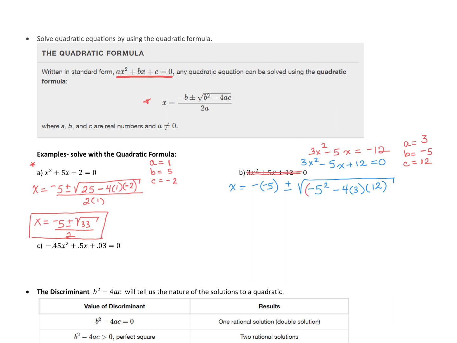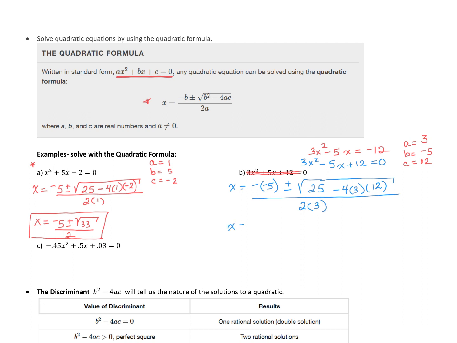I so often see people doing that and forgetting those parentheses that I recommend that you just square it. Negative 5 times negative 5 is 25 when you write it down. It also saves a step in the simplification. So we've got negative b plus or minus the square root of b squared minus 4ac all over 2 times a.